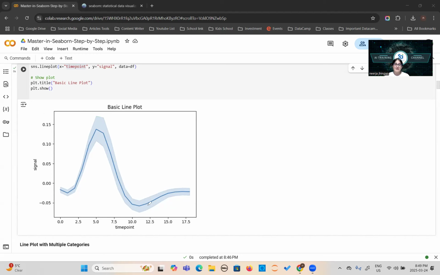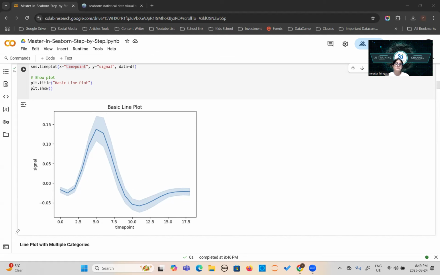But it is lower between the time point 10 to 12.5, and then it is going up again. So this is showing you the different trends over time: when your brain is getting high signal, when it is getting low signal, and how it is again increasing or consistent.